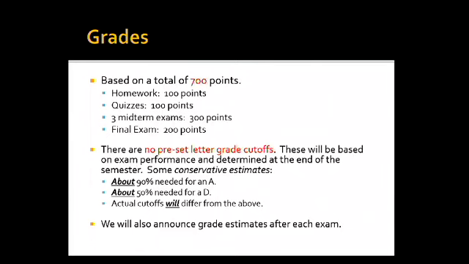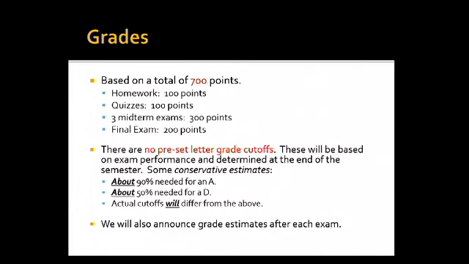We have no preset cutoffs for letter grades. But generally, you will need about 90% to have a realistic chance at an A. Sometimes lower than 90, could be 85, 87 kind of thing. But a conservative estimate is 90%.